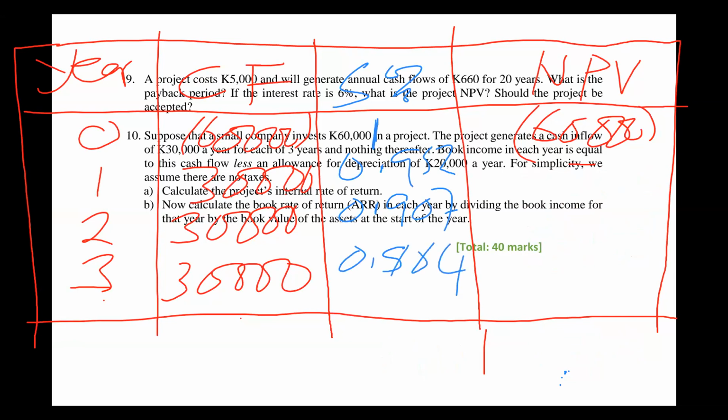Okay, we can do the multiplications now. The first one, 28,560.